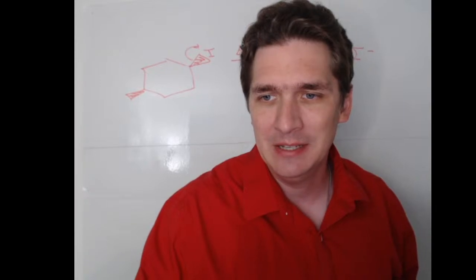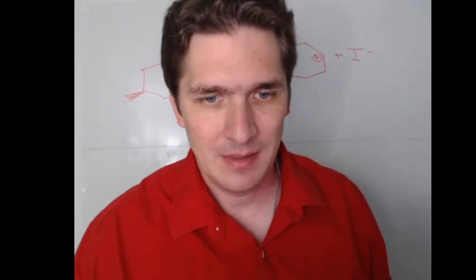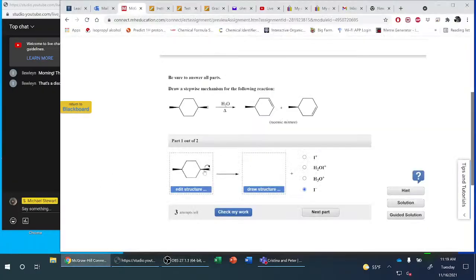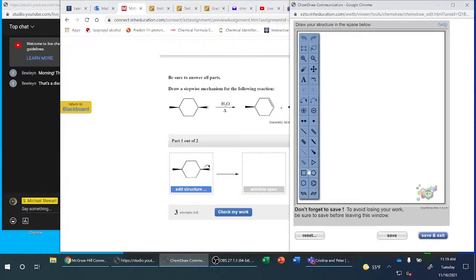But anyway, I'll show you really quick on the desktop. You're going to break this carbon-iodine bond just by heating it. And then this will leave you with a carbocation.